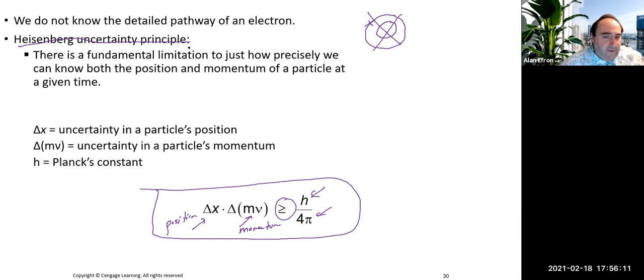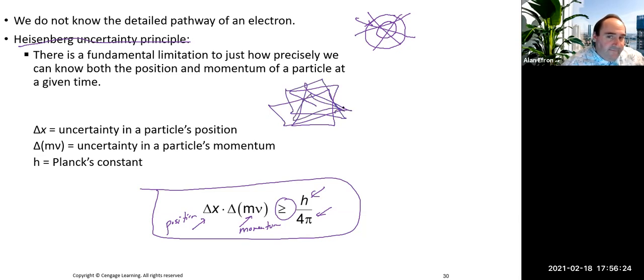We pretty much won't. But it does help us move away from Bohr's model to this idea that the best we can do is think about the probability of finding an electron, which should be moving in a very random sort of pattern.